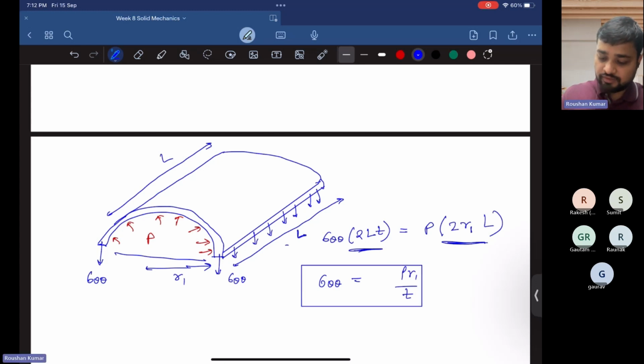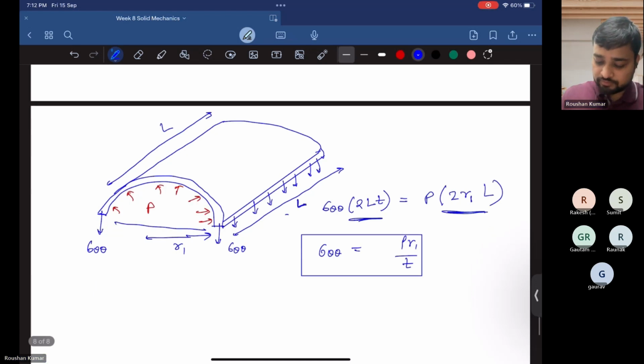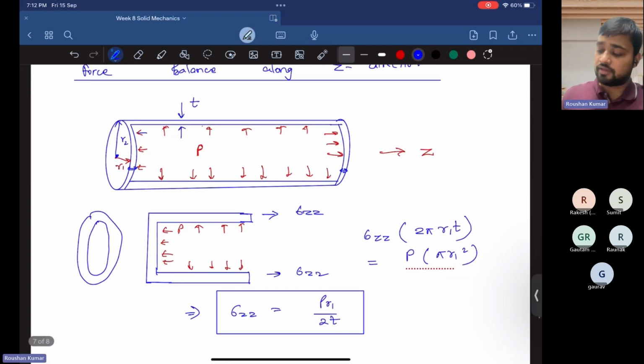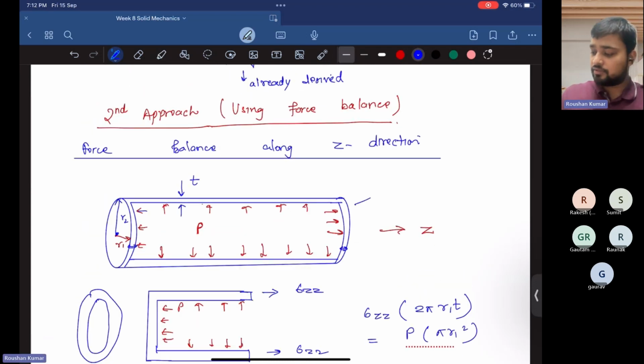Now the last one is sigma RR. To find sigma RR, as we see, this is a case where the traction free boundary condition is present.